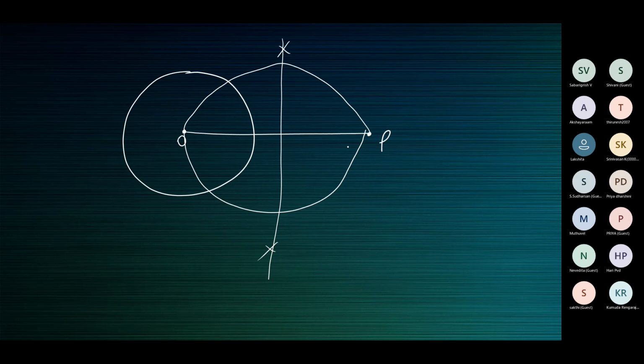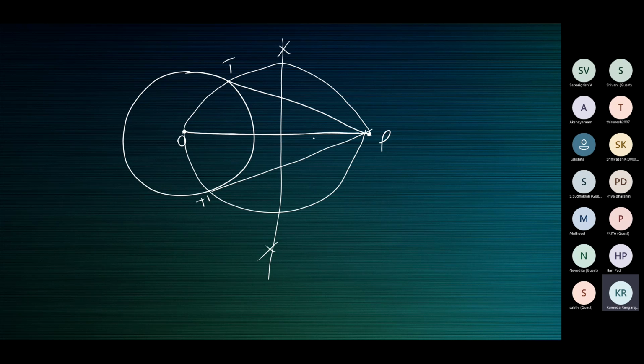Now we said that these are the tangents, PT and PT dash. Now look at the new circle, children, not the original one. For the new circle, this is the diameter.